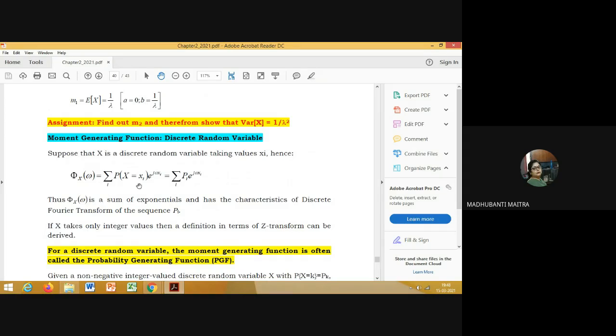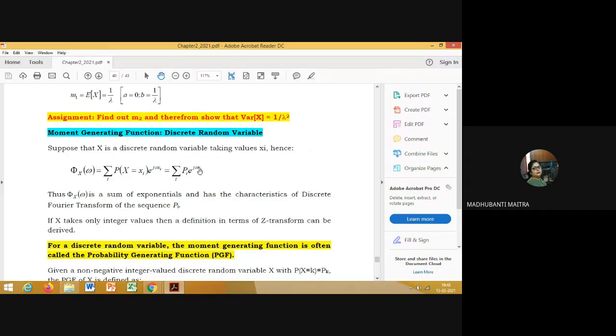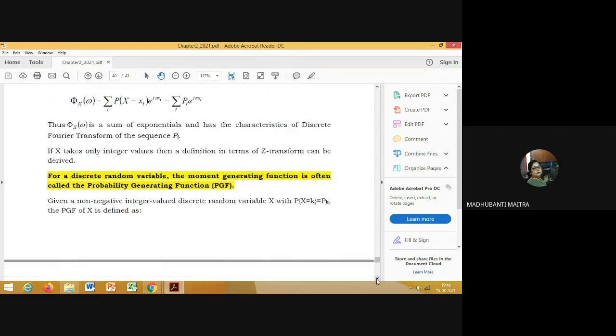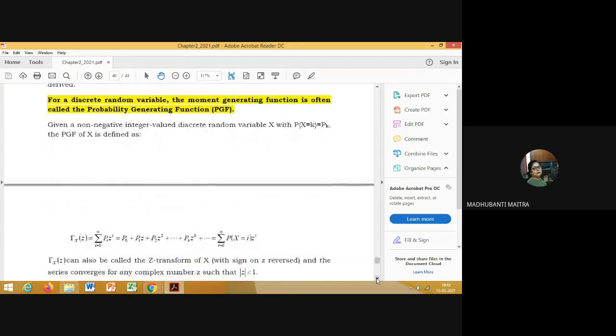Now look, if we replace this j omega xi part by zi, then please note down this function. You have understood how we are getting this: P at x equal to xi is pi and e to the power j omega xi. Integration is replaced by the summation because we are discussing a discrete random variable.